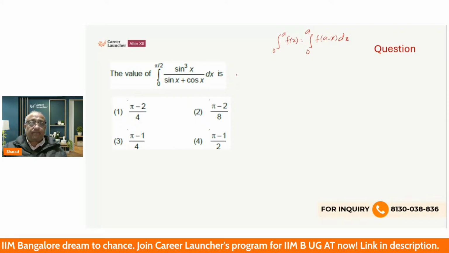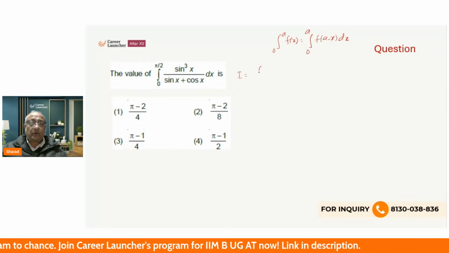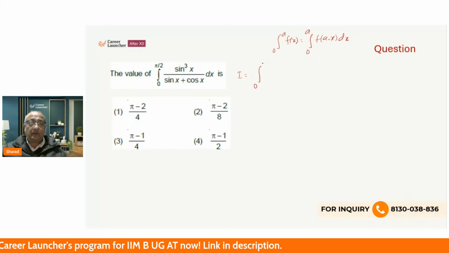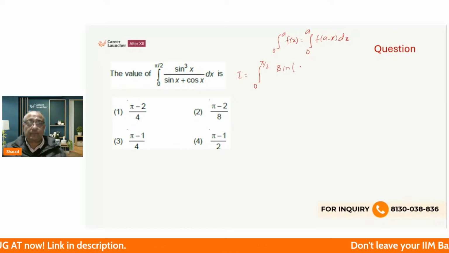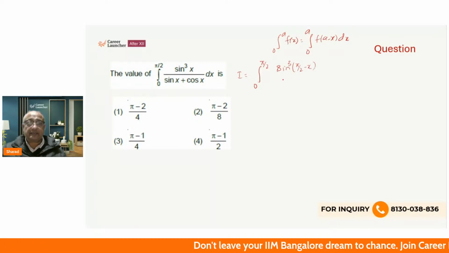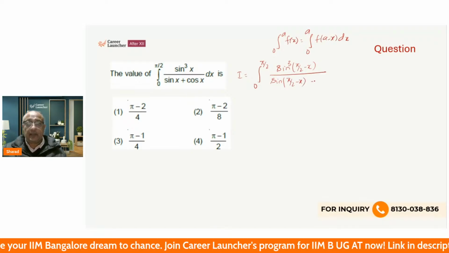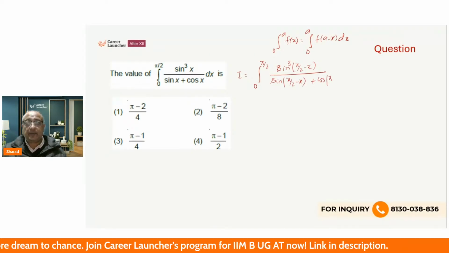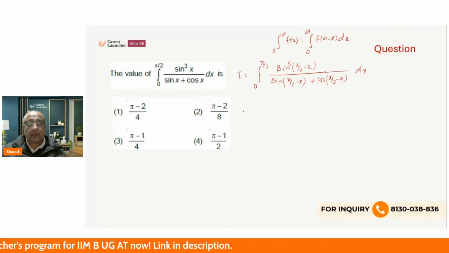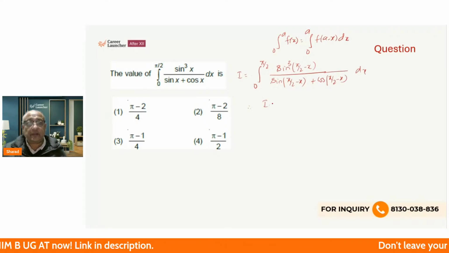Let us say this is I. So I will also be equal to integral 0 to pi by 2 of sine cube of (pi by 2 minus x) upon sine (pi by 2 minus x) plus cos (pi by 2 minus x) dx.